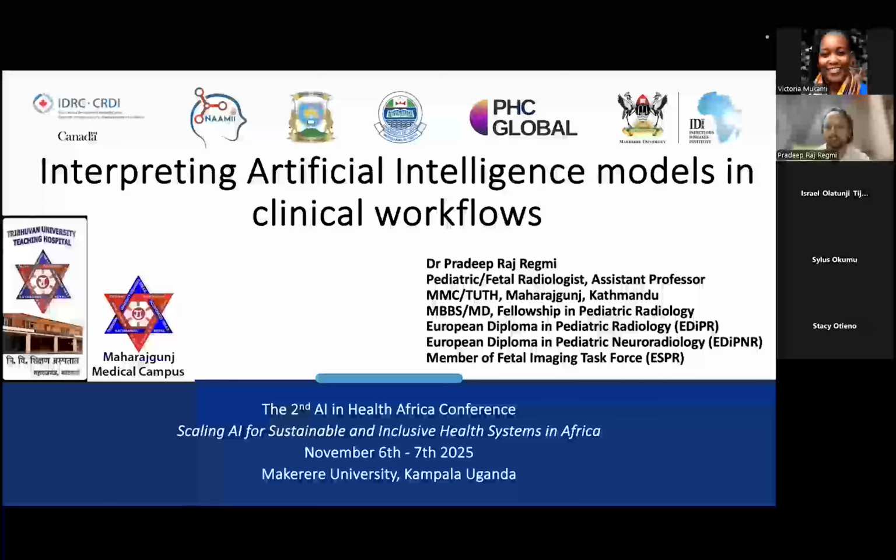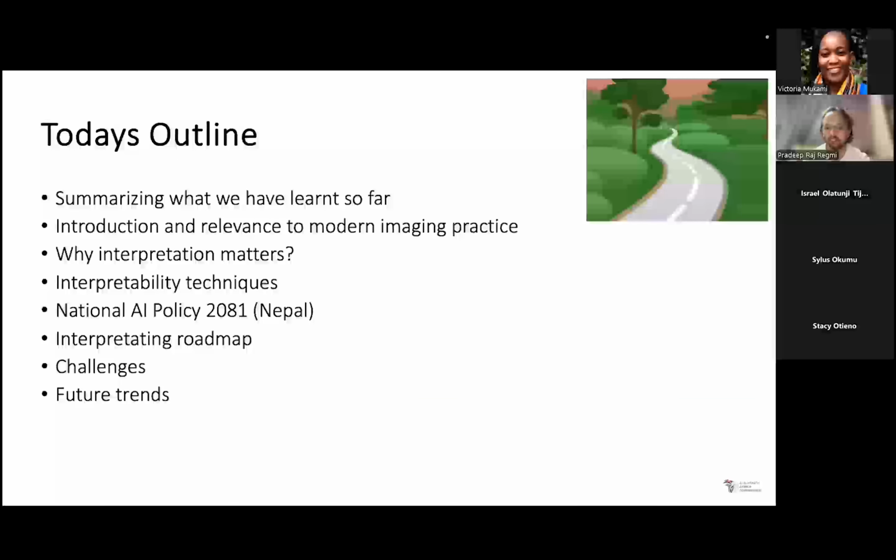We have already discussed clinical relevance, then the relevance of integrating AI to modern imaging practice, and why interpretation of this matters. There are some interpretability techniques for these scans.